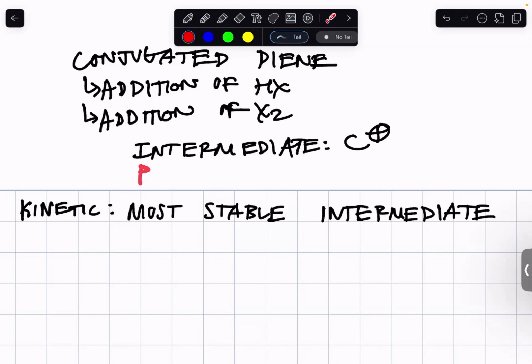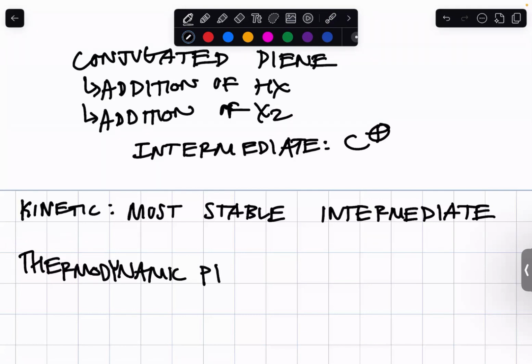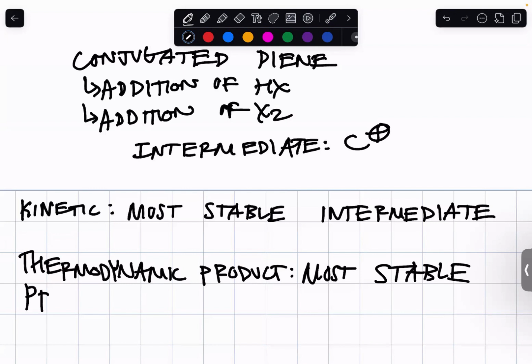The thermodynamic product is going to be the most stable product. It's going to be different products for different reactions, but for the reactions that you are being tested on this midterm, it is an alkene.